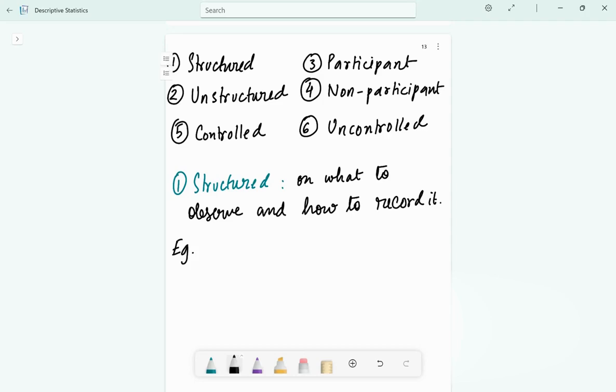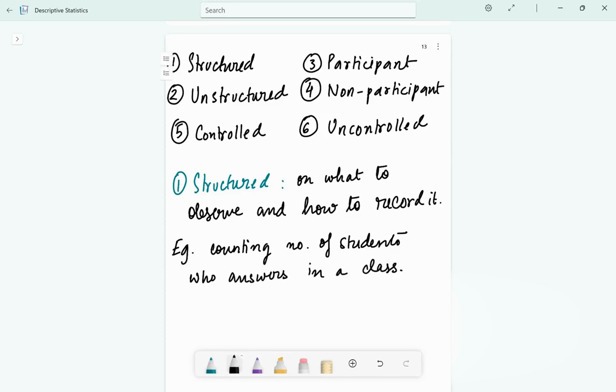An example can be counting the number of times a student answers in a class. This is a predefined rule and we know what to observe and how to record this value. So the example is counting the number of students who answer in a class. Is this clear?